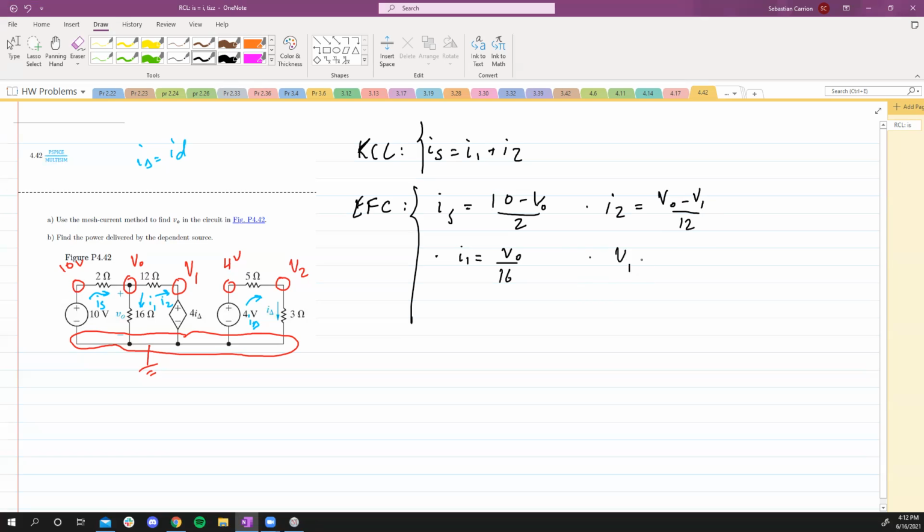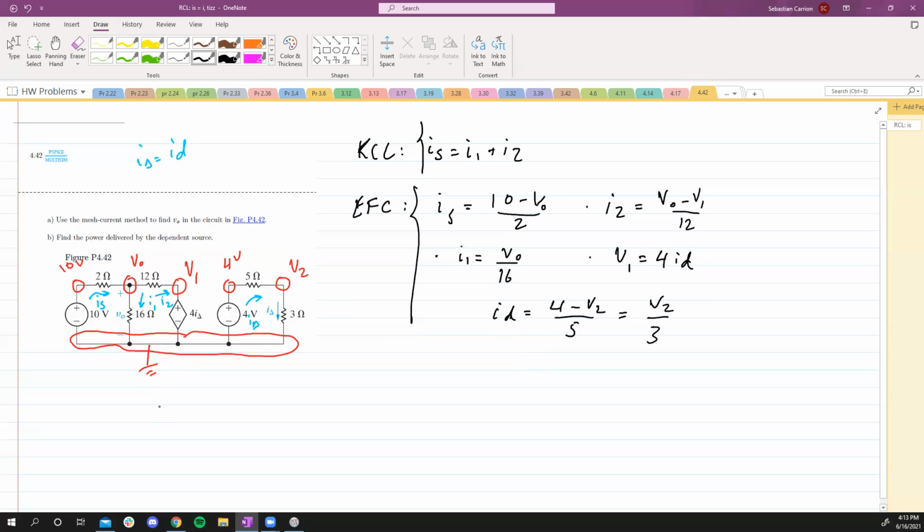You know that V1 minus 0 is 4ID. Now we see that ID is equal to 4 minus V2 over 5, and it's also equal to V2 minus 0 over 3.